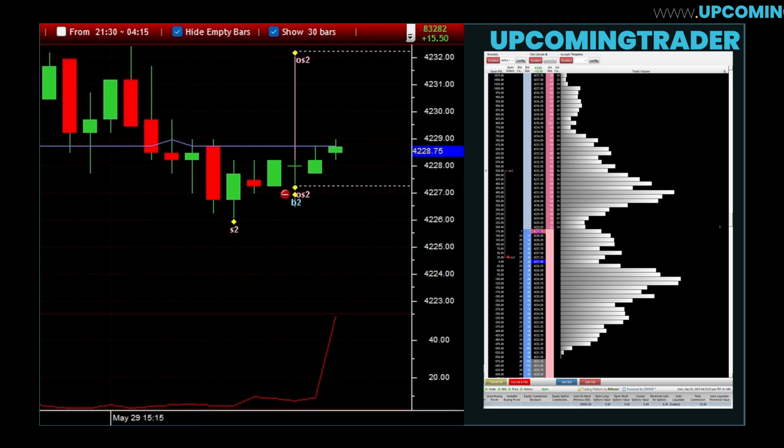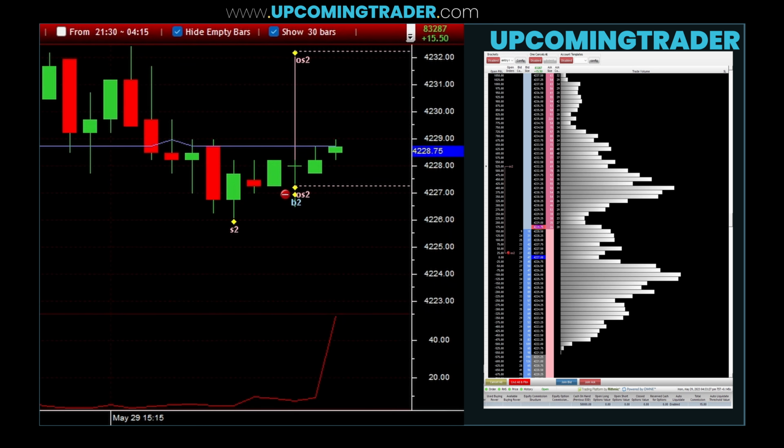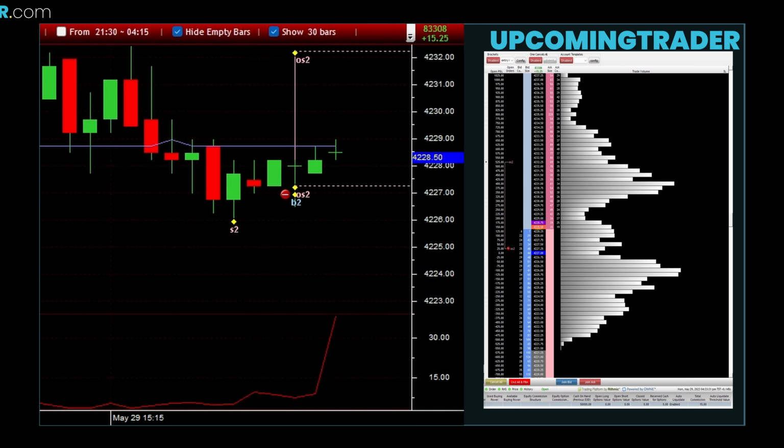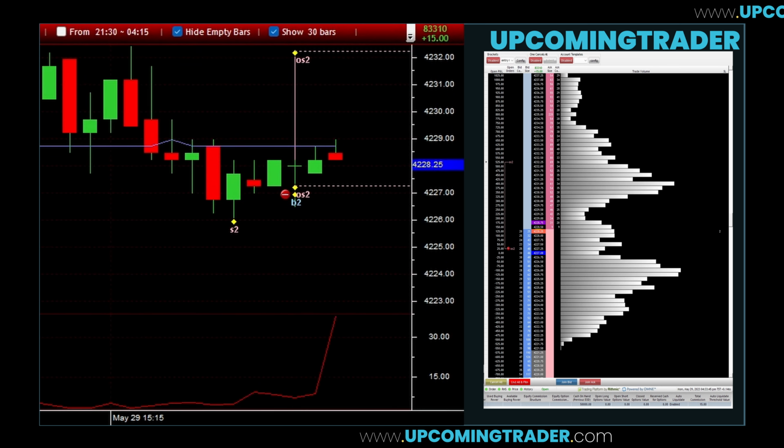Start by focusing on these key areas and then combine these insights with other tools to make better decisions. Keep practicing, keep learning, and remember that mastering any trading tool takes time. The more you work with TPO charts, the more comfortable you will get, and soon it will become a valuable part of your trading routine.